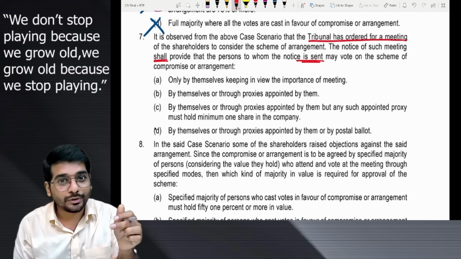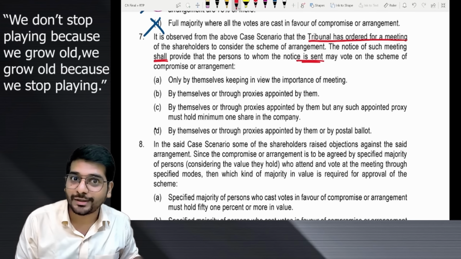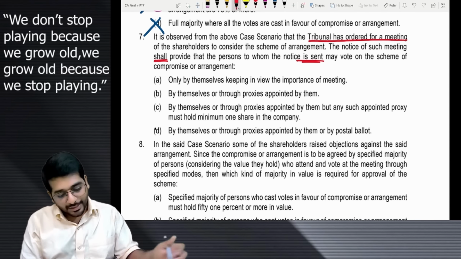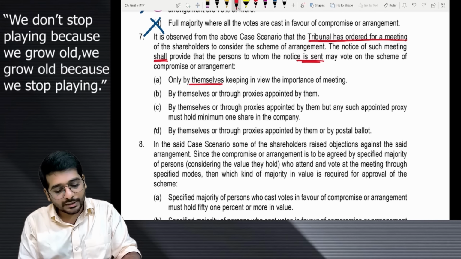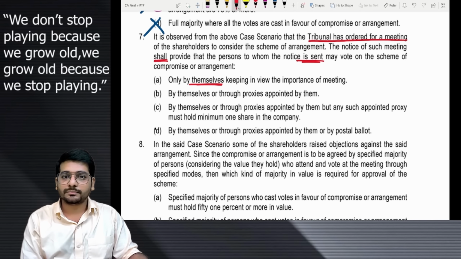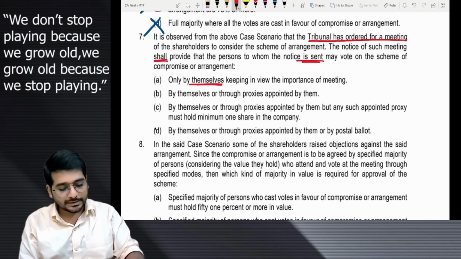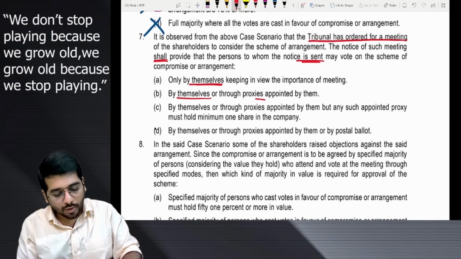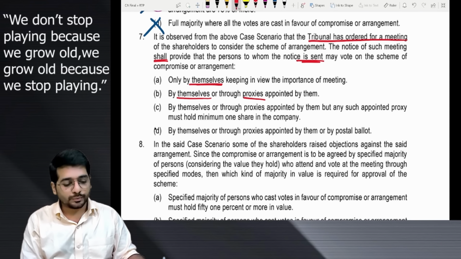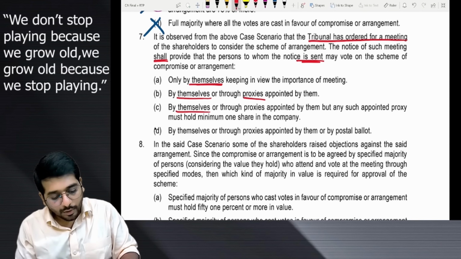Proxy allowed or not allowed? Or any other option is there or not there? Let us see the options. They are saying persons can vote only by themselves. Option number 1. Second, themselves or proxies. Option number 2. Third, themselves or proxies, but proxy must hold minimum 1 share.